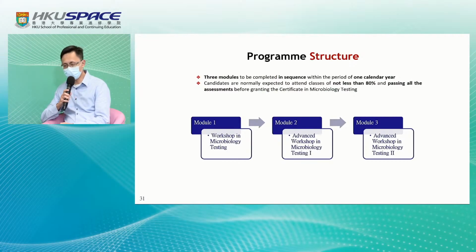So for the program structure, this program comprises 3 modules which need to be completed in sequence, that means one by one, within the period of 1 calendar year. As you can see in this slide, Module 1 is the workshop in microbiology testing, which involves some basic information and training in the practical sections, which would be the foundation for Module 2.